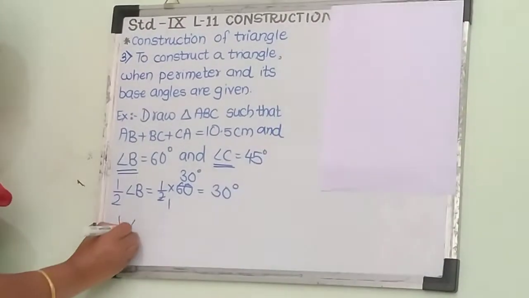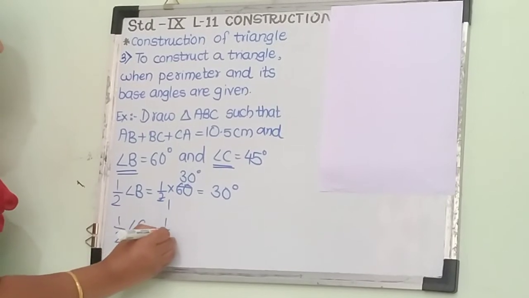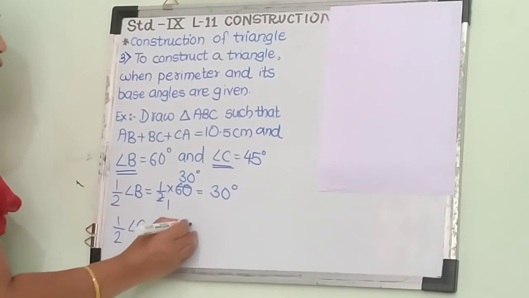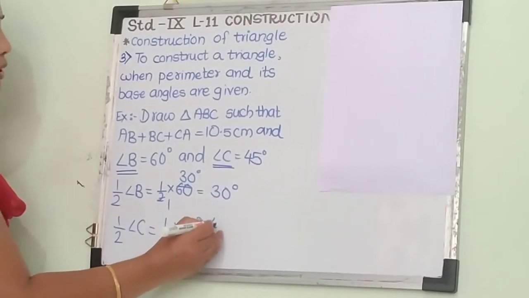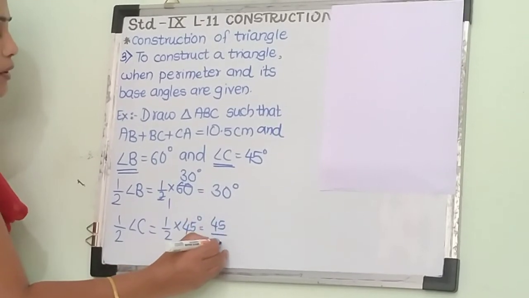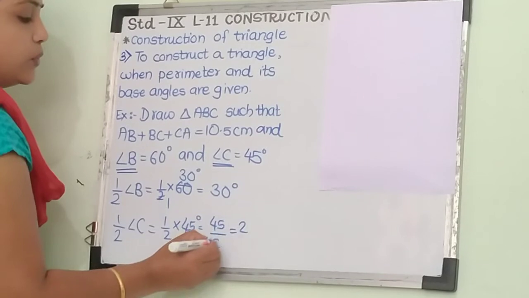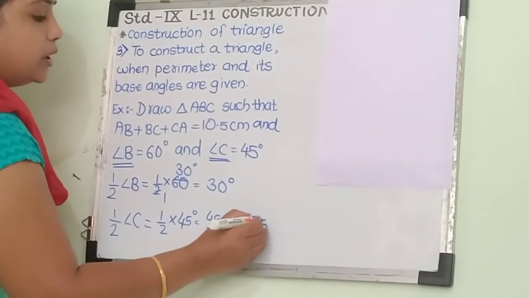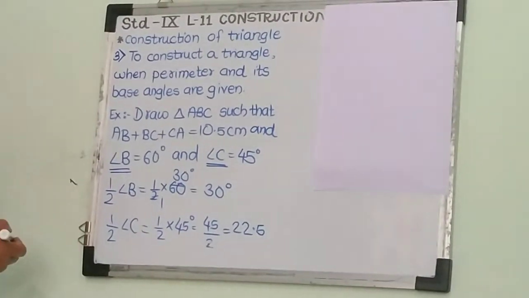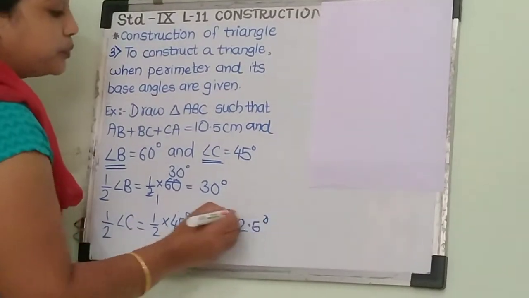And half of angle C is half into 45, so 45 upon 2, that is 22.5 degree.